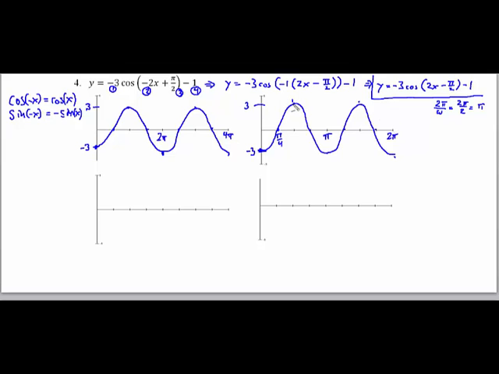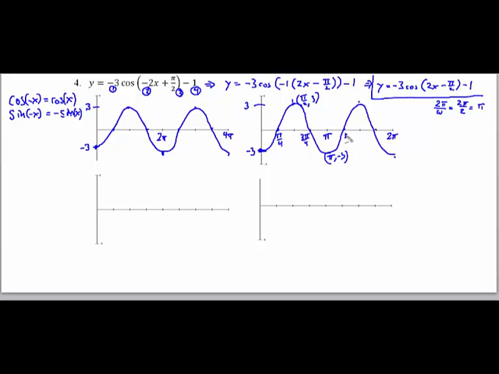And in fact, it might behoove us to label our points here: pi over 2, 3. All right, and then this is 1 pi over 4, 2 pi over 4. This here is 3 pi over 4. And I can put that there, 3 pi over 4. And then 4 pi over 4, well, that's going to be pi, and pi, comma, -3.